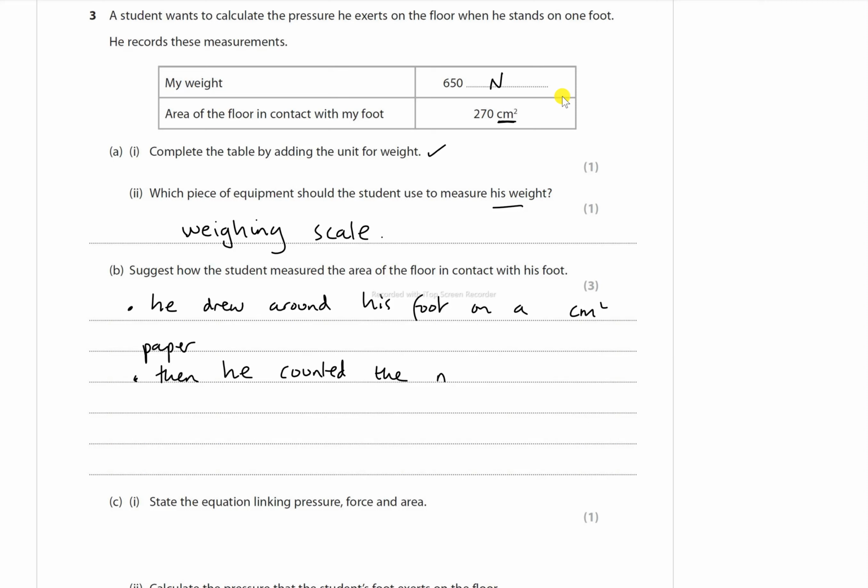Then he counted the number of squares covered by his foot. Okay. Right, I think that's it. That would do it.